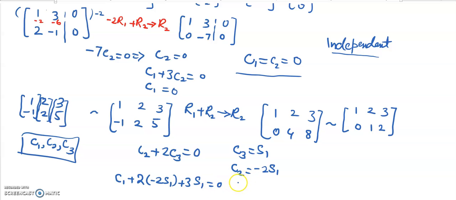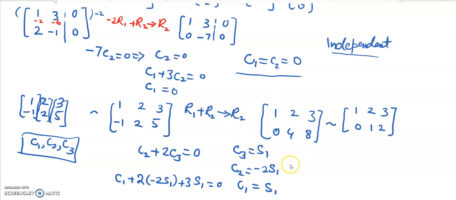So C1 will be minus 4S1 plus 3S1, so it will be S1. Okay, it will be S1.